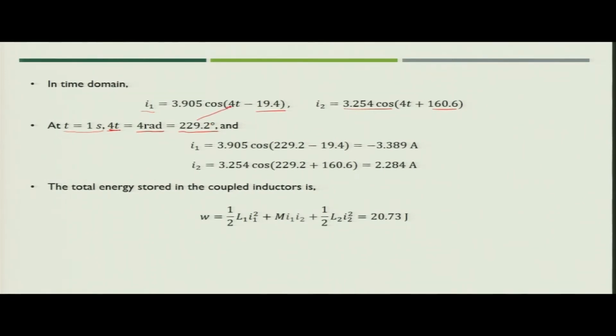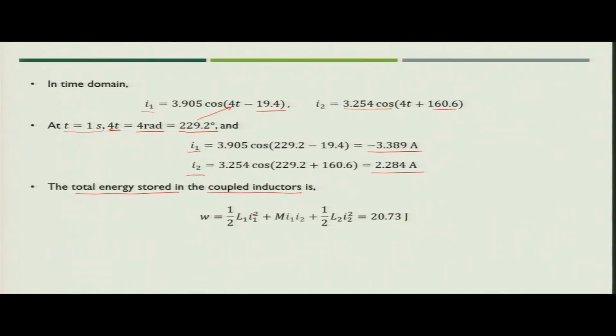So, you put this value here. So, I1 at time t is equal to 1 second will become, now if you simplify, this will become minus 3.389 ampere. Similarly, I2 will be 2.284 ampere. So, the total energy stored in the coupled inductors can be given as W equal to half L1 I1 square plus M I1 I2 plus half L2 I2 square.